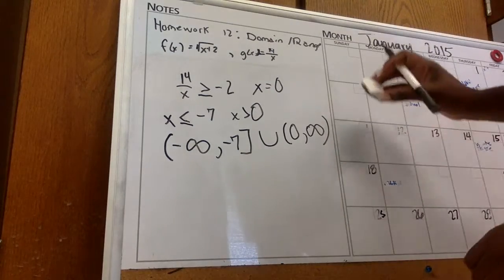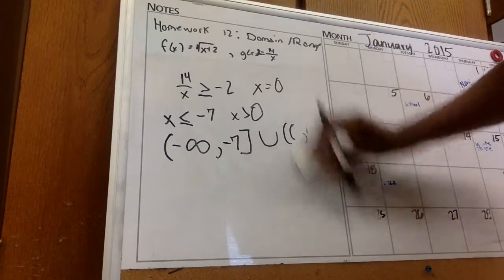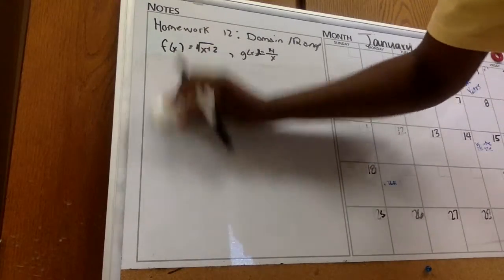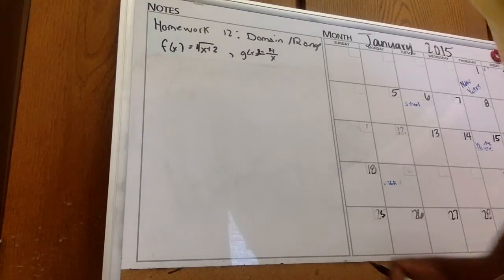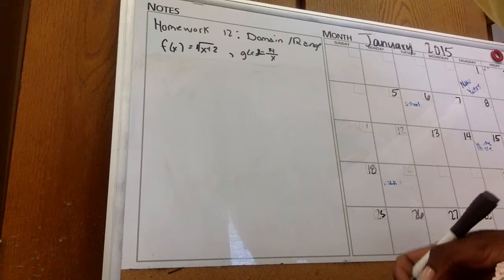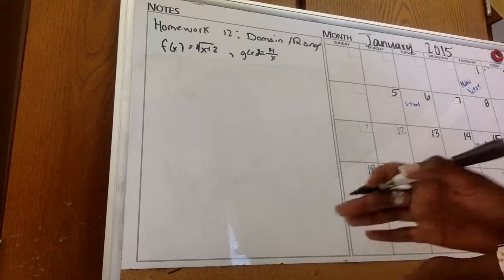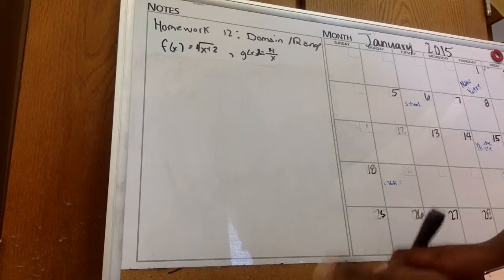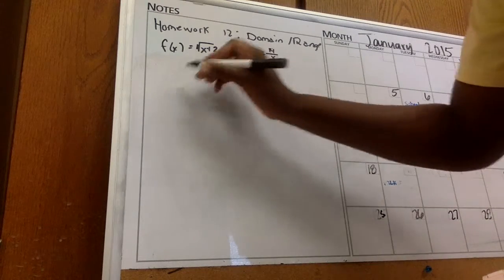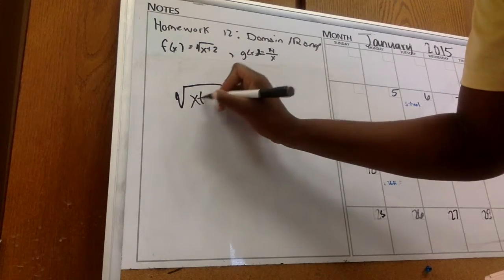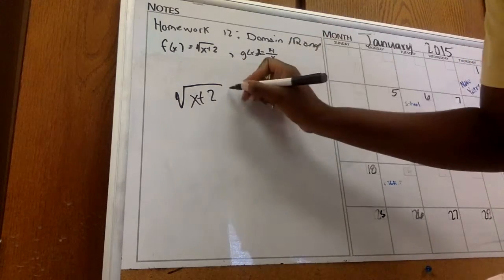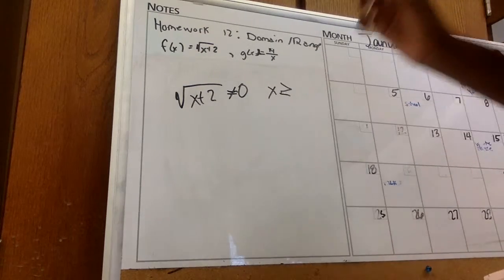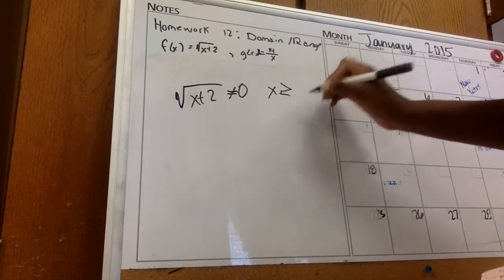Now we're going to find the domain for g of f. Like we were doing for the domain of f of g, we need to find a domain of g of f that is going to satisfy the square root of x plus 2, which doesn't equal 0, as well as x is greater than or equal to -2.